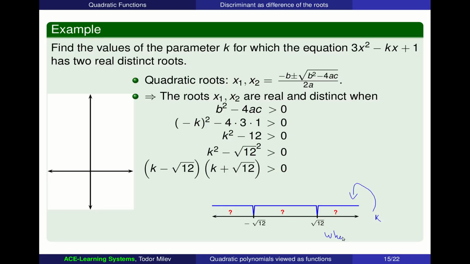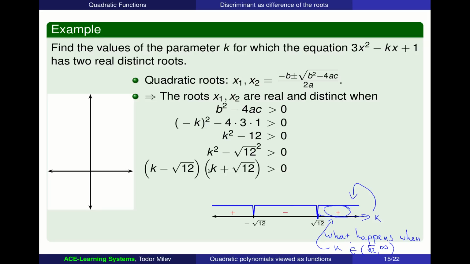So what happens when k is inside the interval from radical of 12 to infinity? What happens when my parameter k is bigger than radical of 12?